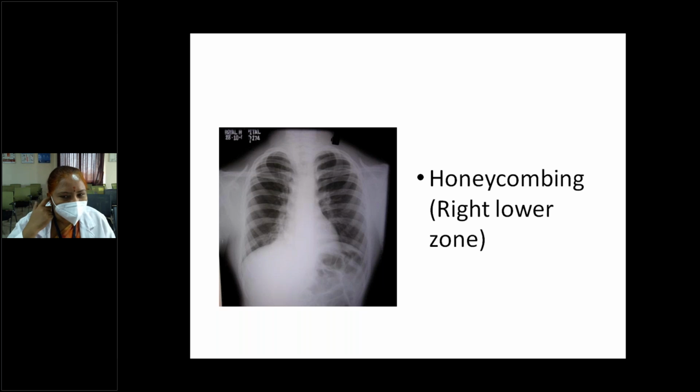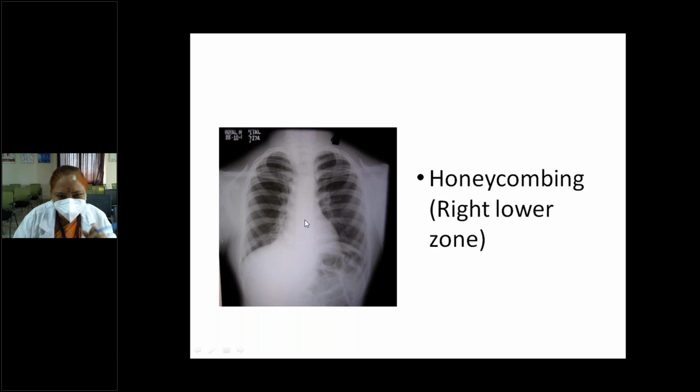Pleural effusion? Pleural effusion will be hazy and homogeneous, like the heart. This is non-homogeneous. Cystic lesions in the right lower zone, honeycombing. Usually these children present with early morning cough with copious amounts of foul-smelling sputum.